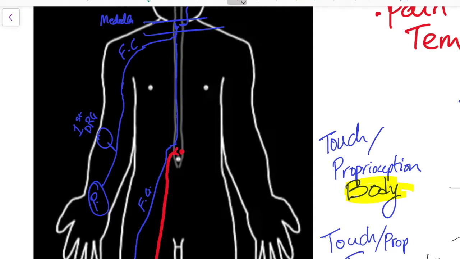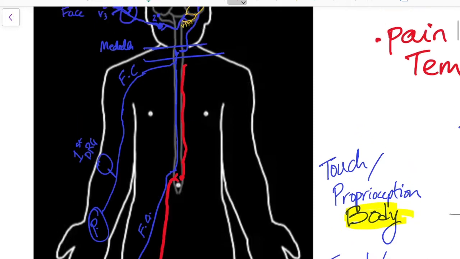Because pain is too fast, we cannot wait for it to go all the way to the medulla. So we synapse at the same level. It crosses over, and it will go up as spinal thalamic tract after it synapses at substantia gelatinosa, and will go up to the VPL.